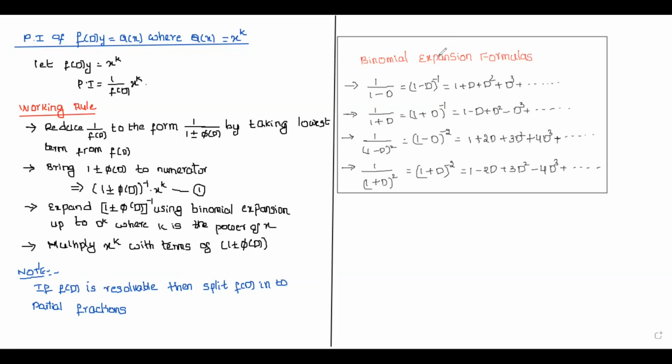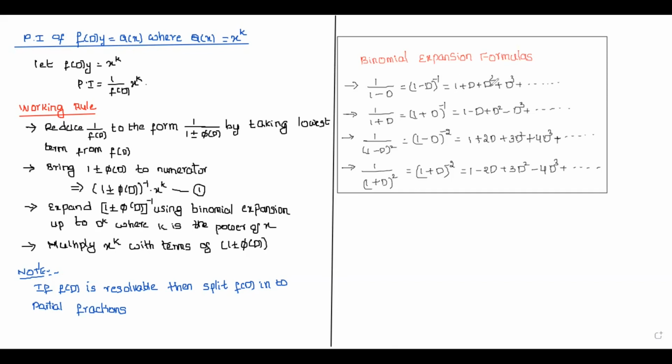The binomial expansion formulas which are very useful for this topic are: 1/(1 - D) can be written as (1 - D)^-1, which is equal to 1 + D + D^2 + D^3 and so on. Here we have to observe carefully: if it is minus inside and the power is minus, then all the terms take plus.